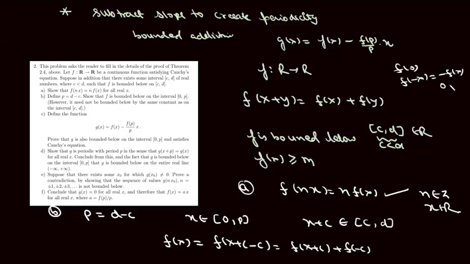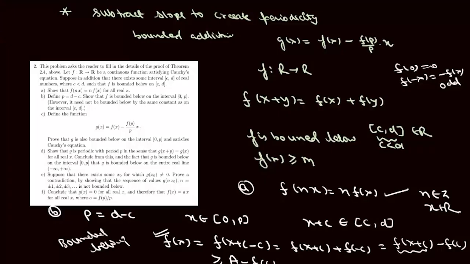So a Cauchy equation is an odd function and f(0) is 0. So f(-c) is minus f(c), so it is f(x + c) minus f(c). Now this x plus c is bounded below, so f(x) will be greater than a minus f(c). So f(x) is bounded below in the interval 0 to p.